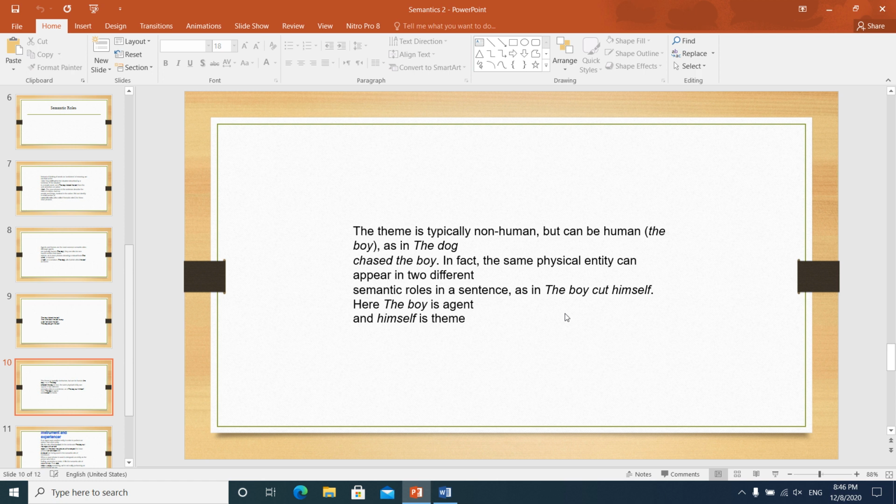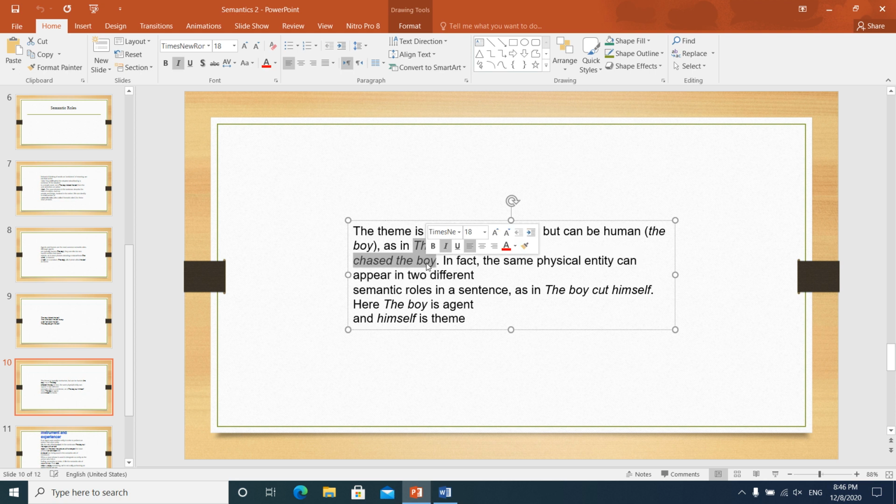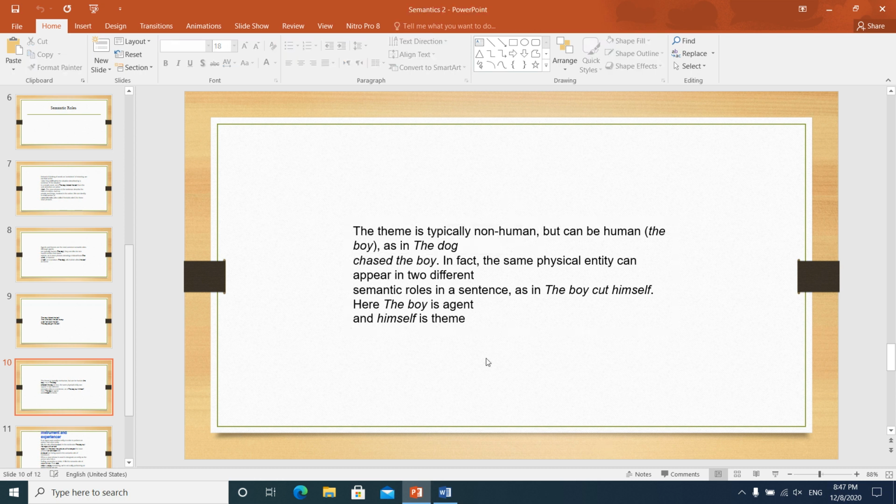The dog chased the boy. The boy is a human and it is theme. As I said, agent could be human or non-human, but most of the time it is human. The theme could be human or non-human, but most of the time it is non-human.